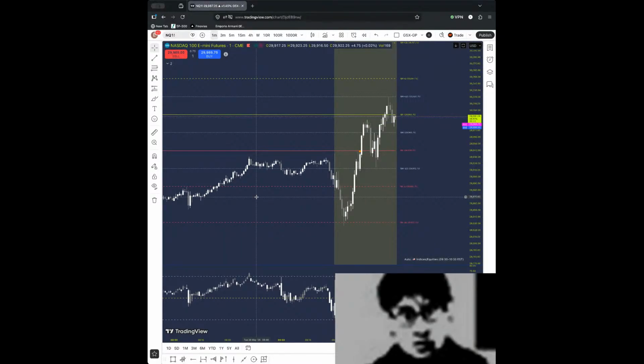SPY's trying to double top here. POC, fly. QQQ still in a stair step.